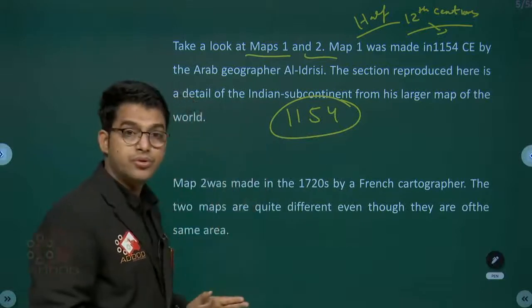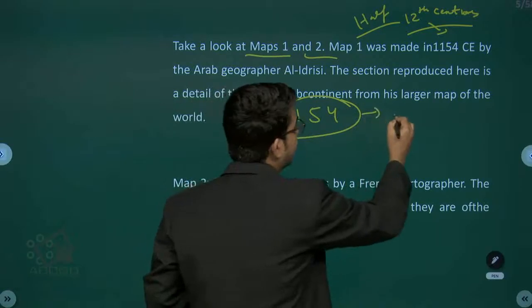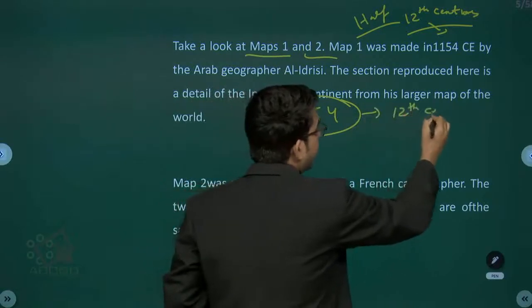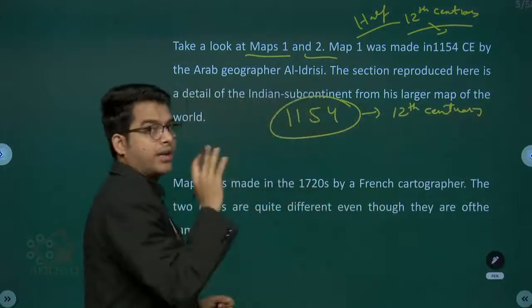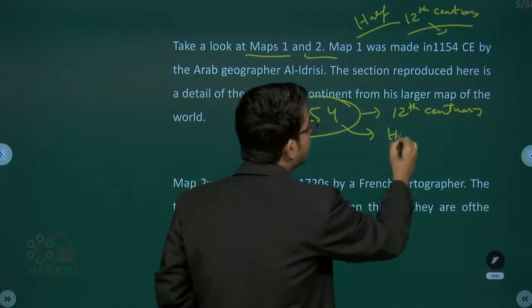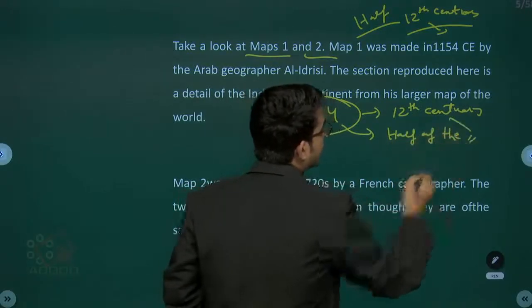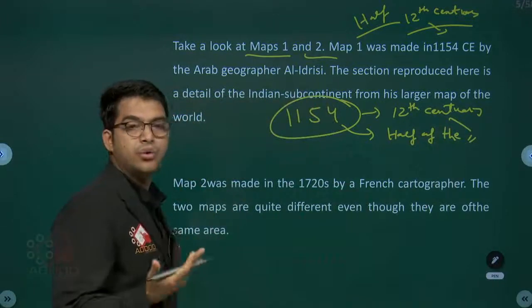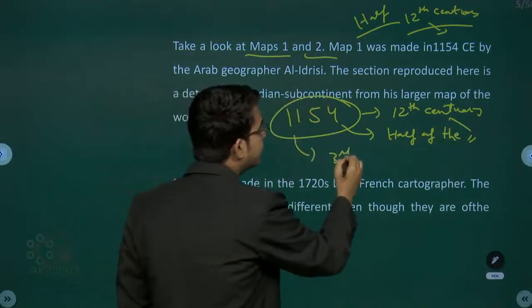Divide that into some portions. 1154 means, obviously, we are talking about the 12th century. You may forget that. Then half of the 12th century. Again, if you are not specific enough, the third decade.